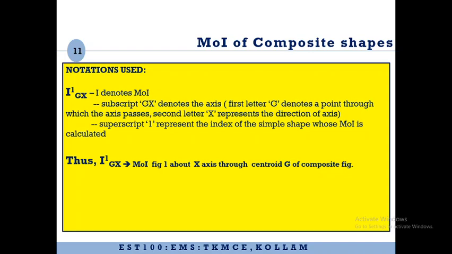What is the Gx axis? It is an x-axis passing through G. And what is G? G is the centroid of the composite figure. Similarly, Ig1x of 1 means moment of inertia of figure 1 about the x-axis passing through its own centroid G1. G1 is the centroid of figure 1 itself.